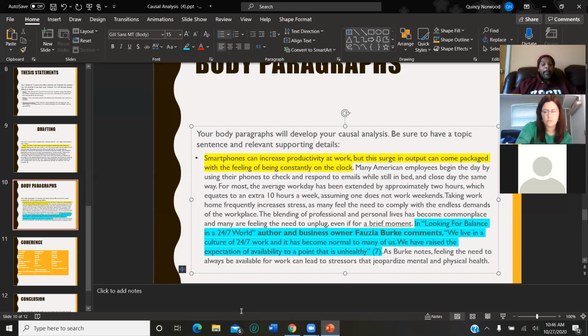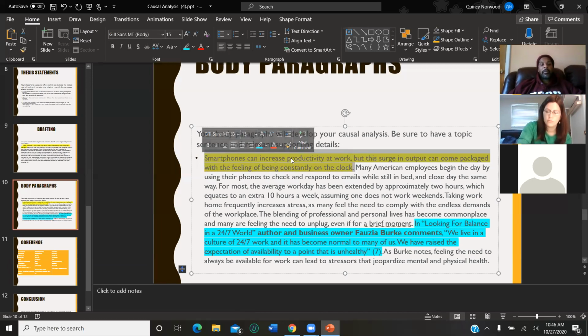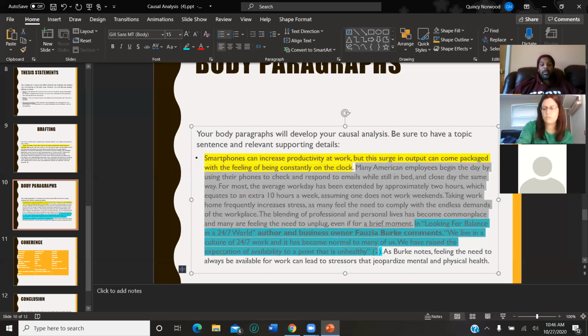Another strategy for paragraph building, and we can see it in action here as well, is the PIE method. PIE just means point, information, explanation. Our topic sentence is our point. Information shows the truth of the topic sentence.